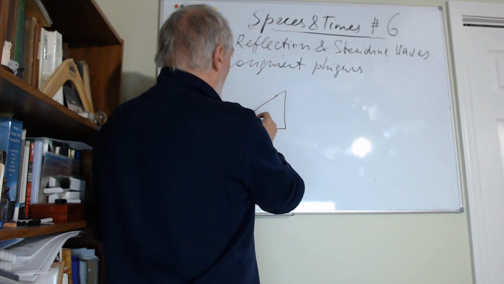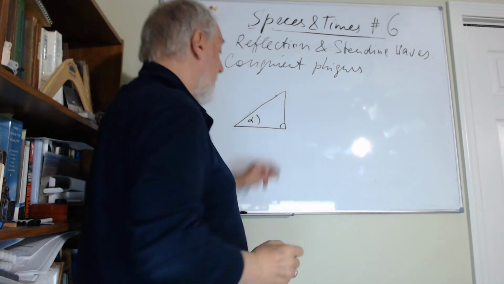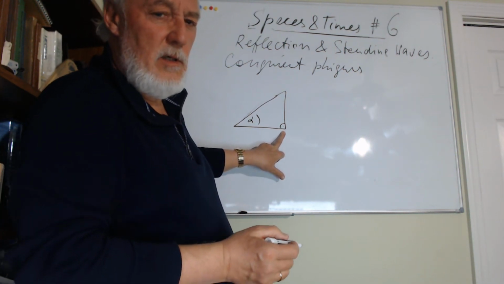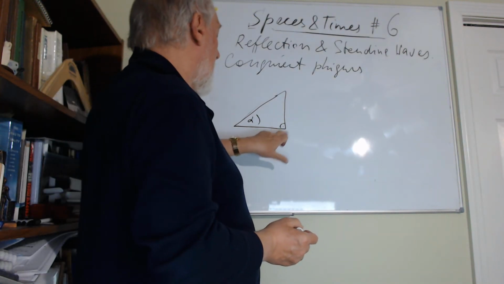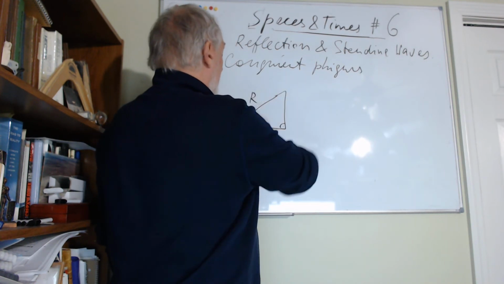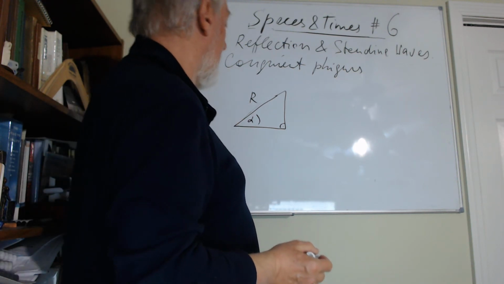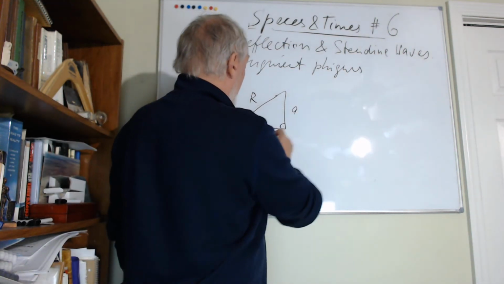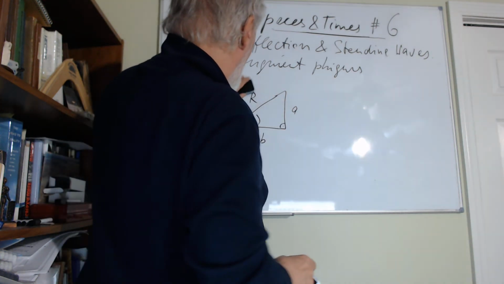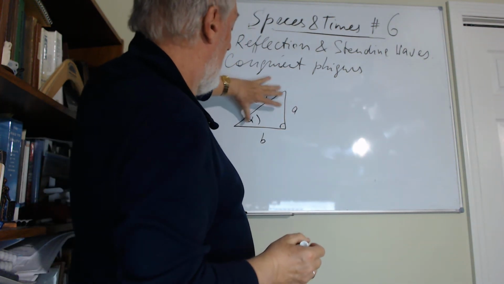So, first of all, we have a triangle with the right angle here. What's the name of these triangles? Right angle triangle. The big side is the hypotenuse. Let's denote it R, and here is A and here is B. By definition, if R equals 1, A squared plus B squared equals R squared.